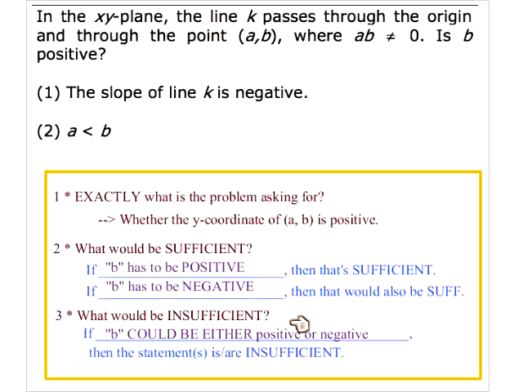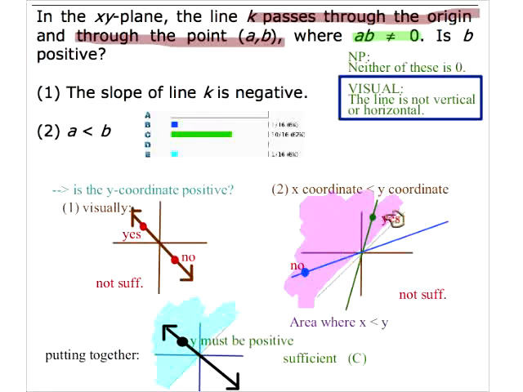We just care whether our point has to have a positive y or a negative y. If y must be positive, then sufficient. If y must be negative, then sufficient. If y could be either positive or negative, then not. So if you look at these two possibilities drawn right here, this one's got a y that's positive, and that one's got a y that's negative. So that's insufficient.